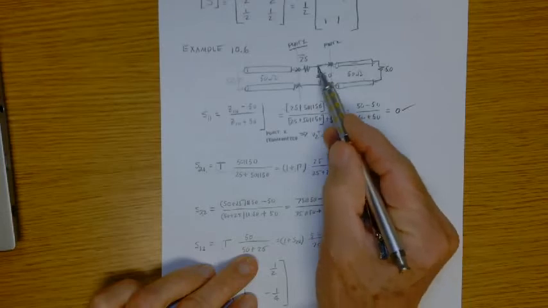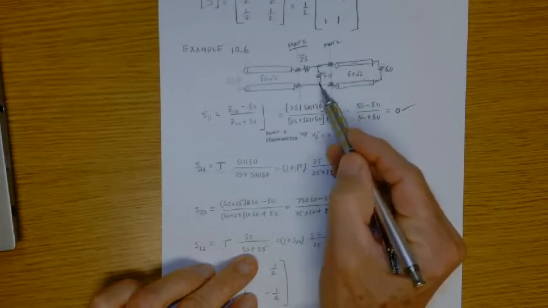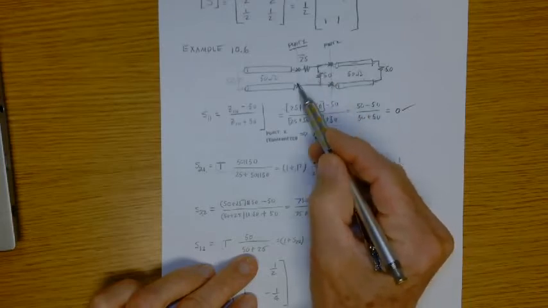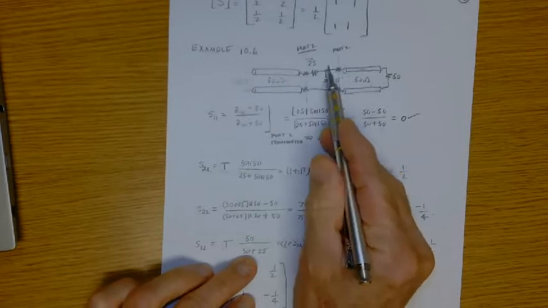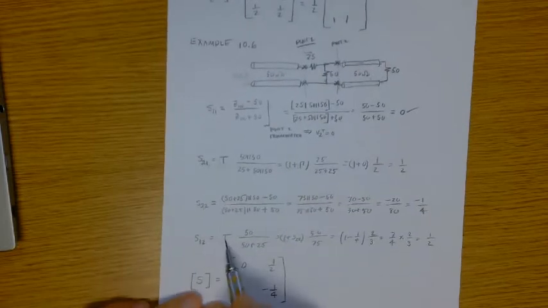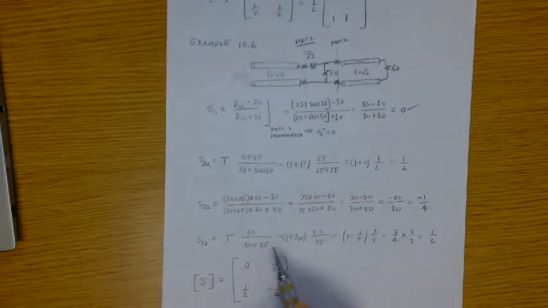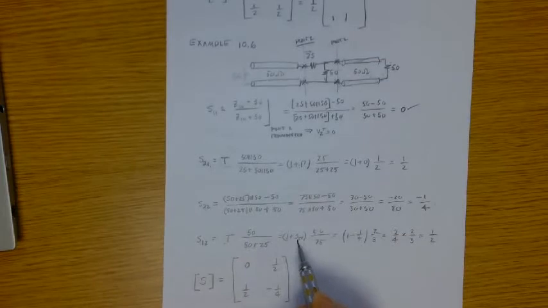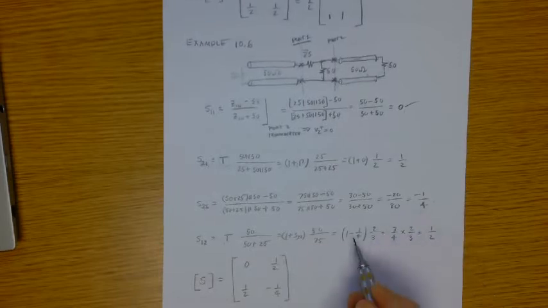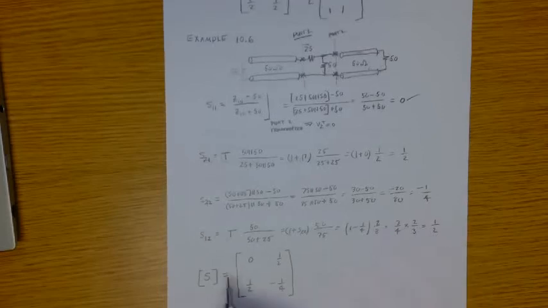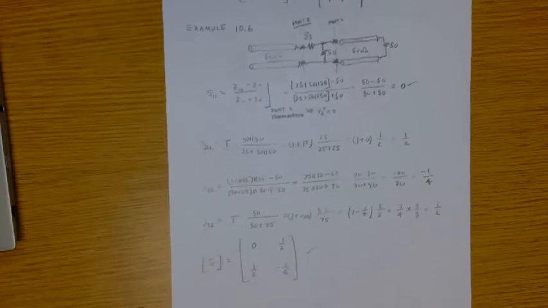So it's going to be 50 divided by 50 plus that impedance. That's going to be the voltage divider in that direction. So it's T times 50 over 50 plus 25, where 1 plus S22 is a fourth, so a fourth times 2, or a half, right? So finally, then we get the scattering matrix for a somewhat more complicated case. Okay.